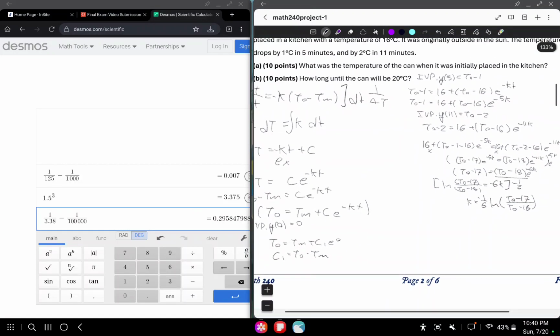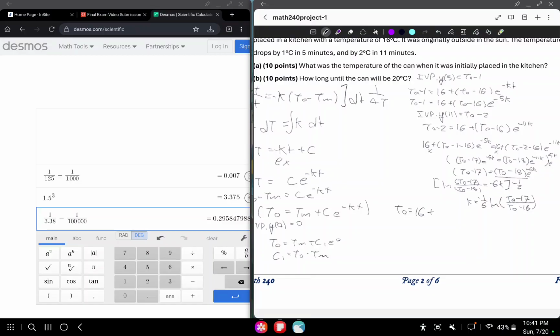Plug this back in over here. After I do the law of cooling, T equals 16 Celsius plus... no, because this would just turn to 1.